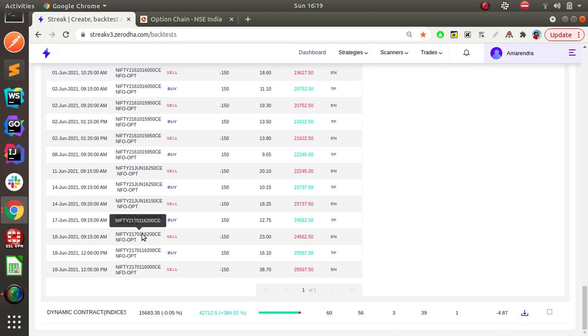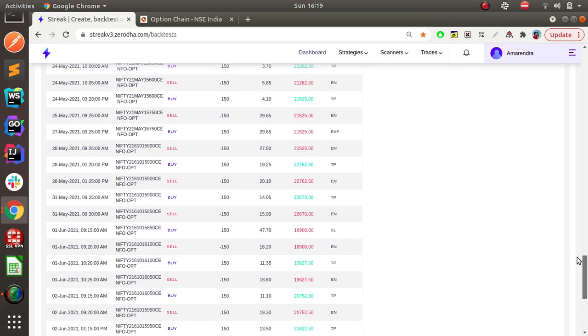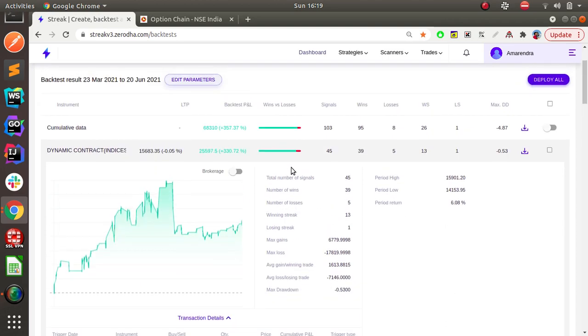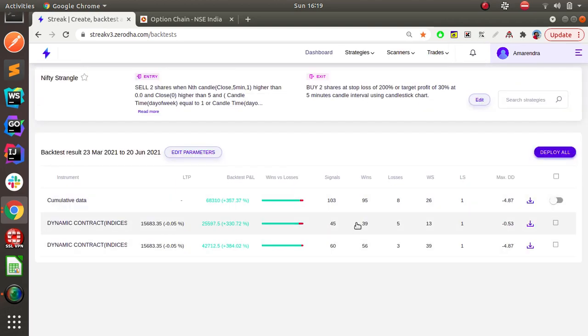Instead of 16,000 it moved to 16,000. This is the adjustment that it will do by itself. So if you test this strategy even for 1 year, it will work. I mean, there are chances that in one leg you might get a loss, but for sure the other leg will be in profit, because the market may move in one direction, but still you might be booking profits in one direction, right? So it doesn't matter.